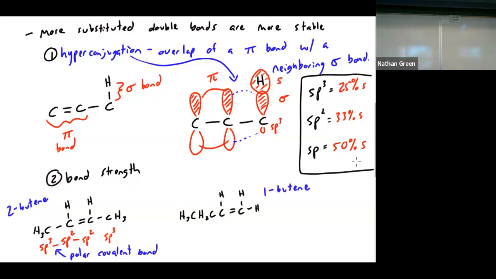And if you're an electron, that's where you're happiest, right? For that reason, sp hybridized carbons are more electronegative. Sp hybridized carbons pull their electron density closer to them than an sp3. So when I have an sp3, sp2 hybridized bond, that's polar because those carbons aren't sharing the same.